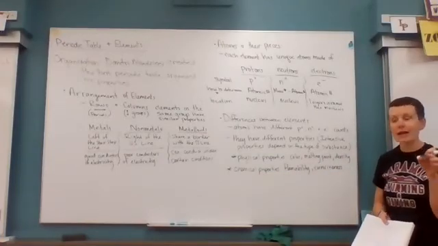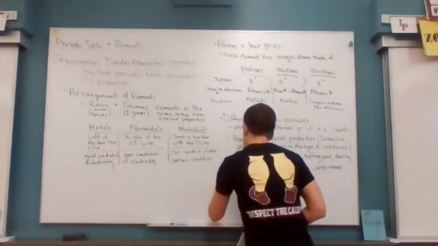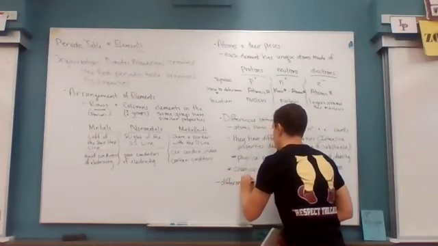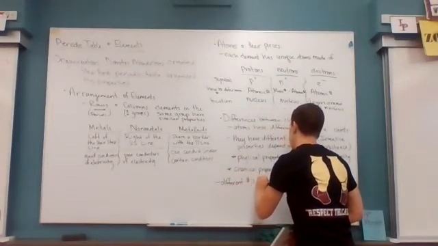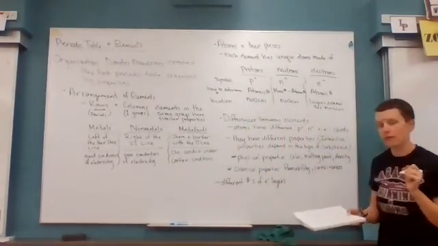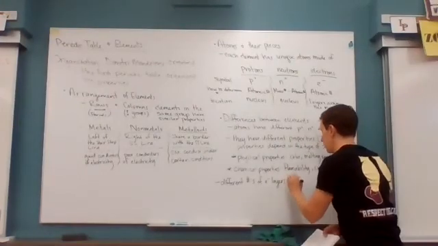Okay, and then the last piece is those electron layers again. Okay, so different numbers of electron layers. Okay, and this is how you figure it out.